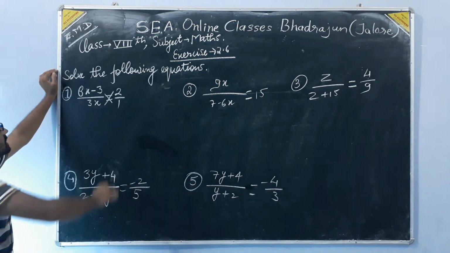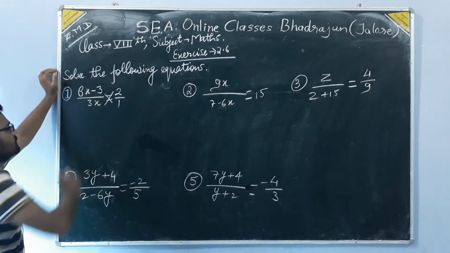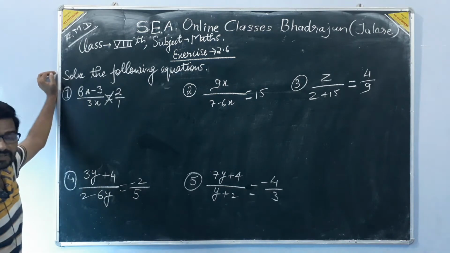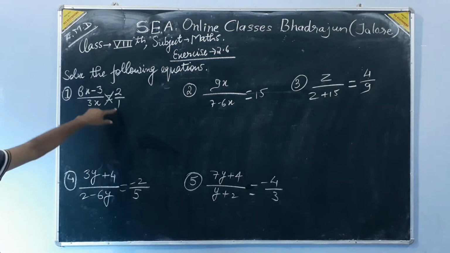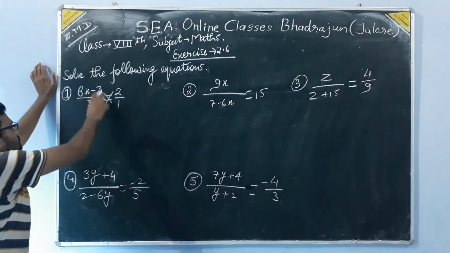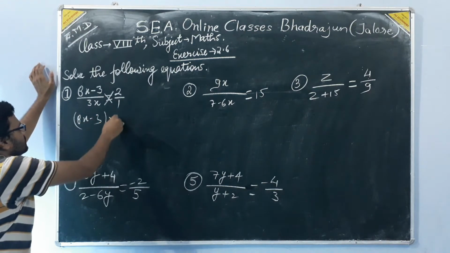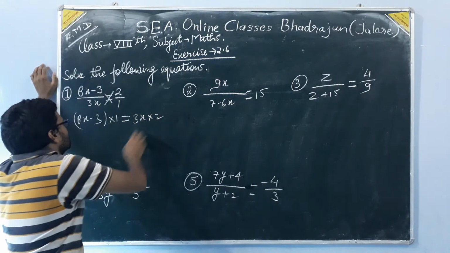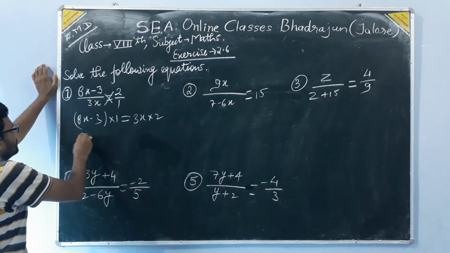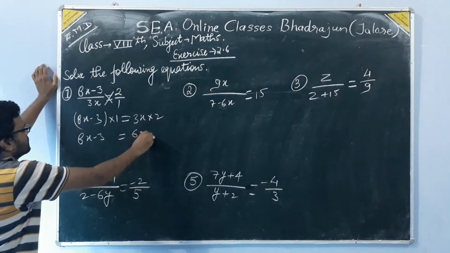Whenever the LHS is a fraction and the RHS is also a fraction, we have to cross multiply. So 8x minus 3 is multiplied by 1, and this equals 3x multiplied by 2. So this is 8x minus 3 equals 6x.